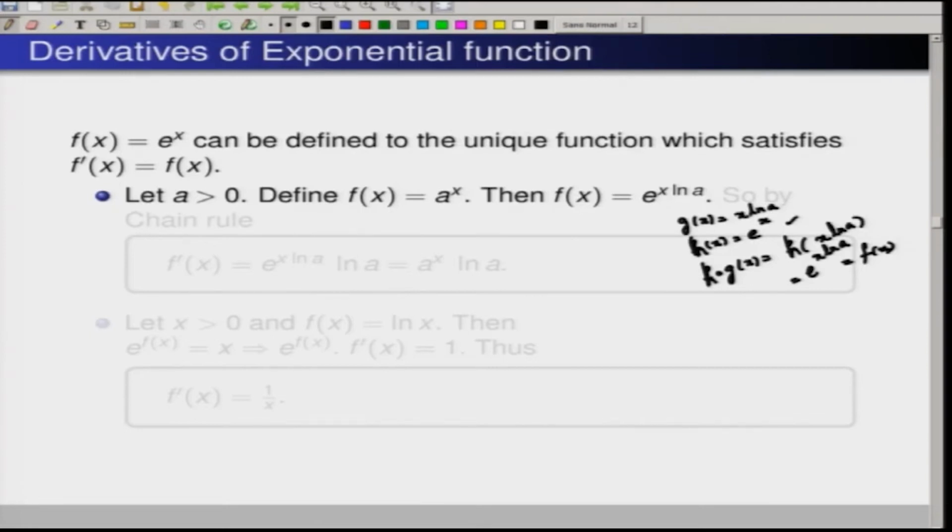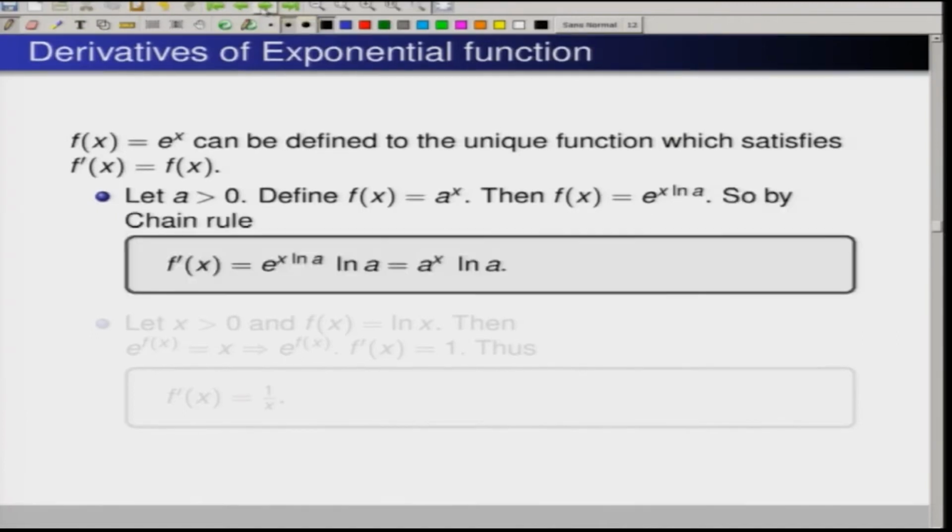Therefore, we can apply the chain rule. What we have shown is that f of x is h composed with g at x. Therefore, f prime of x is equal to h prime of g x into g prime of x. Now, h of x is e to the power x.